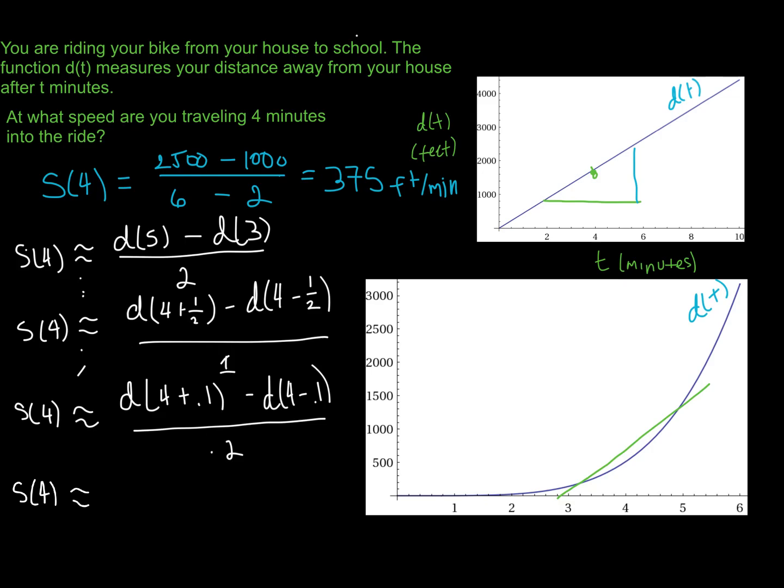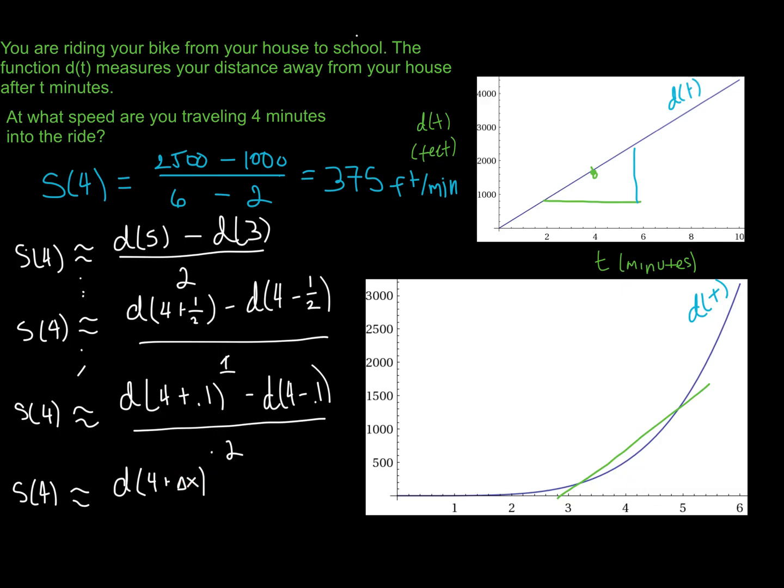So for our approximation of the speed at 4 minutes, we can write a general rule for doing this. We're going to focus in on 4, so we're going to take the distance of 4 plus some value. Let's think about what we want to call this value. In a sense, this is how much we're changing the x value, so we'll call it the change in x. And you've seen this before. We pick some amount that we're going to change the x value to the right, and we're going to change the x value to the left, the same amount.